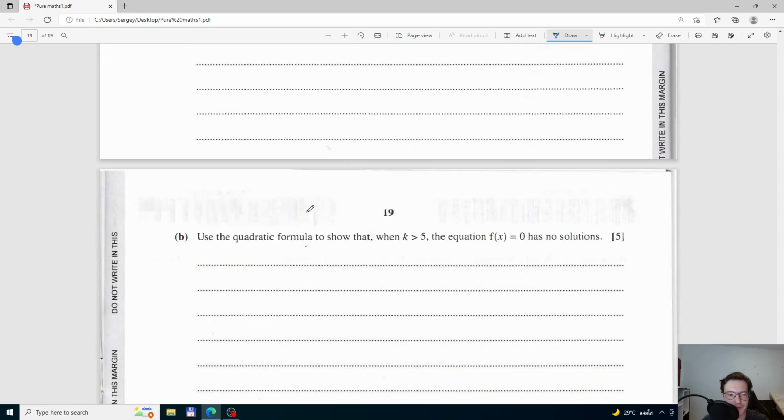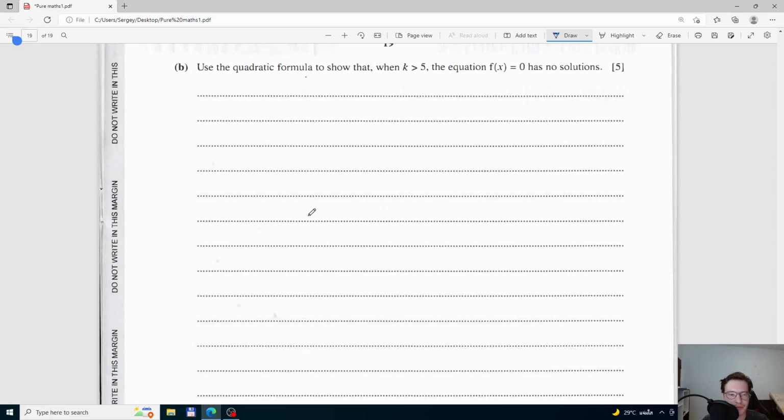And the last one. Use the quadratic formula to show that when k is bigger than 5, the equation has no solutions. Okay. Now let's start with the actual equation for cosine to the power 4 x plus cosine squared x minus k equals 0.